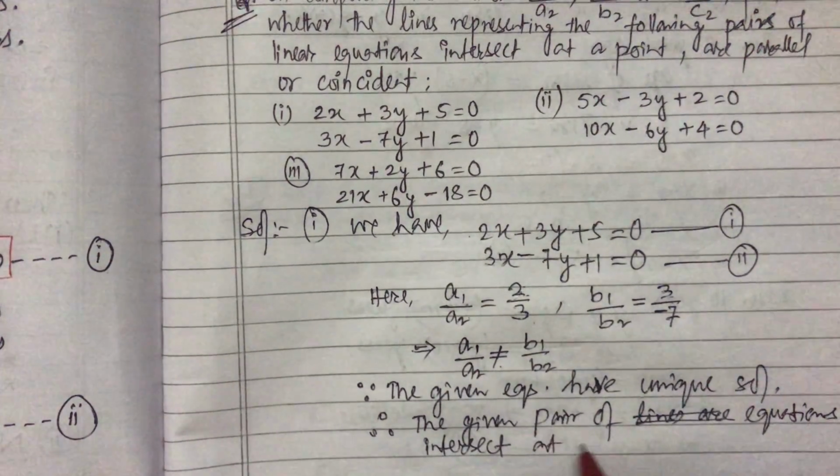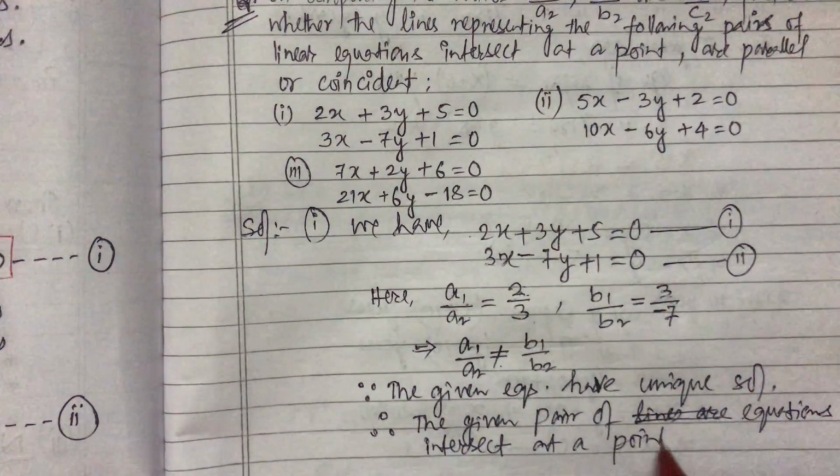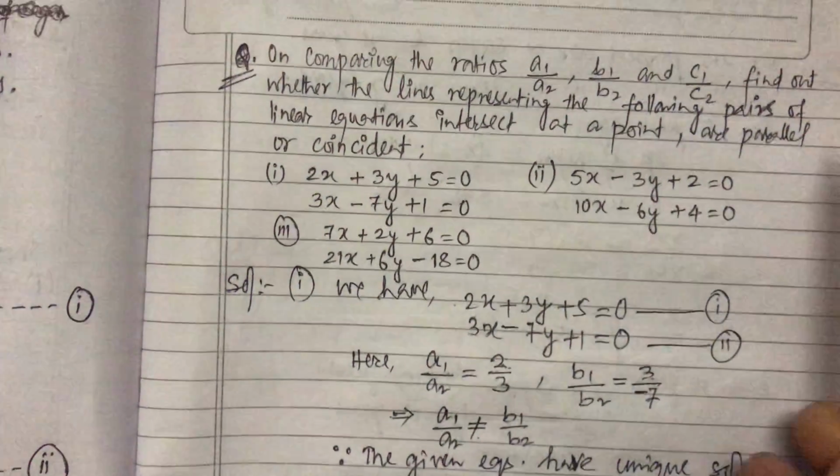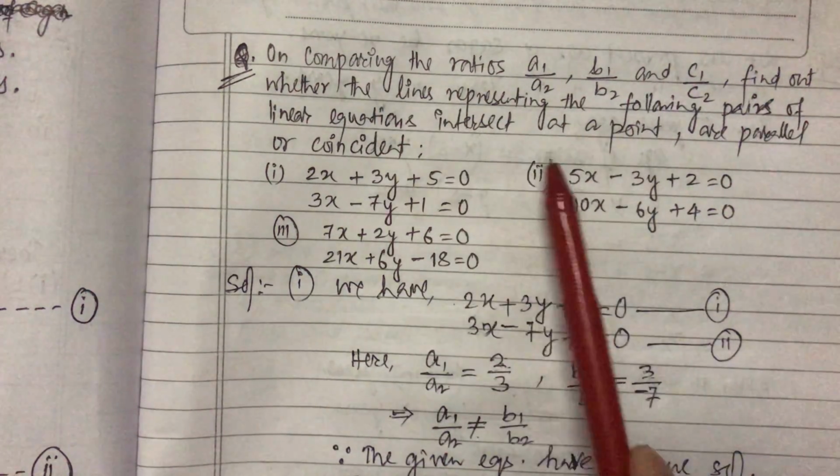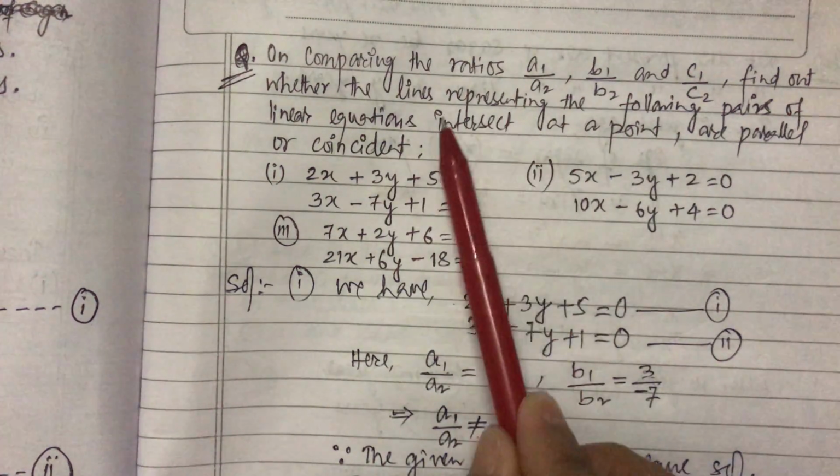The question told us to find out whether the lines are intersecting or not, so we say they intersect at a point.